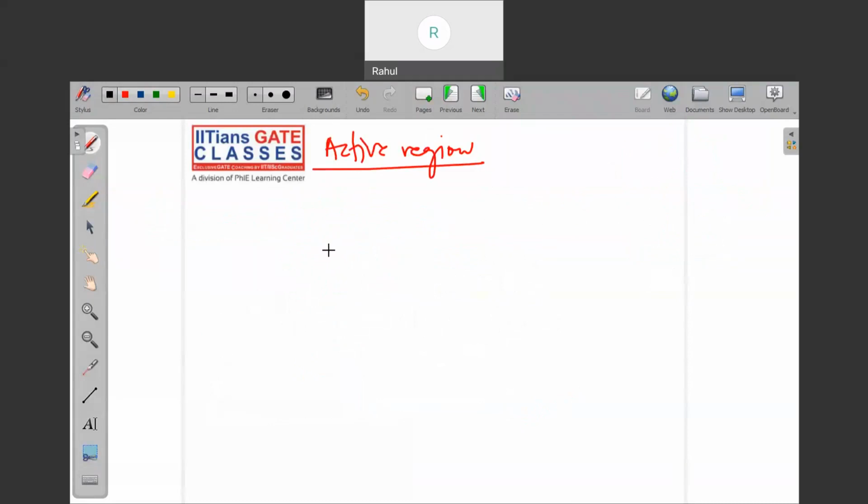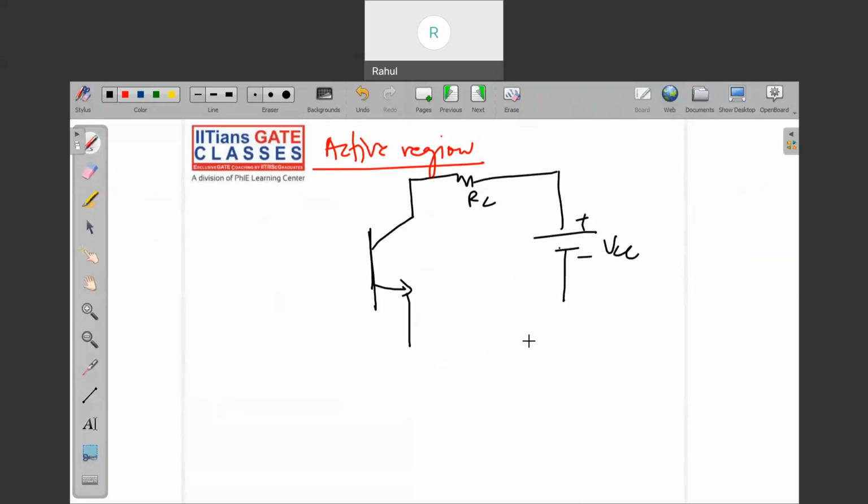In case of active region, RE will not be that high, because your emitter-base junction will be forward biased and your collector-base junction will be reverse bias, right? There is a supply which is being supplied to the bipolar junction transistor to energize it, okay.